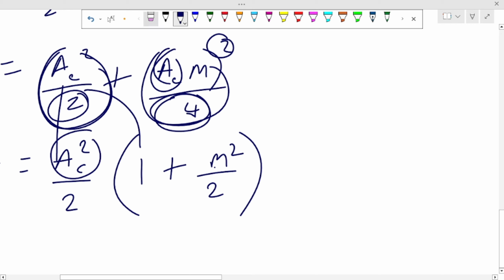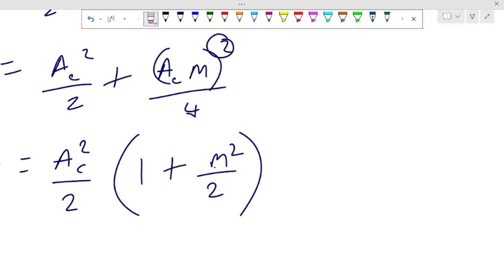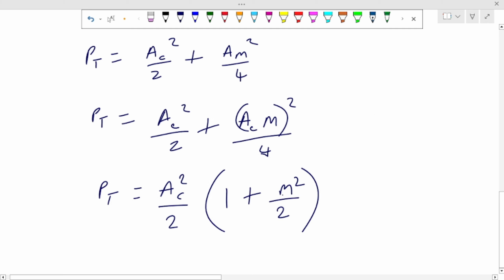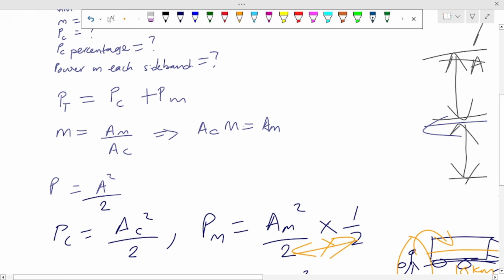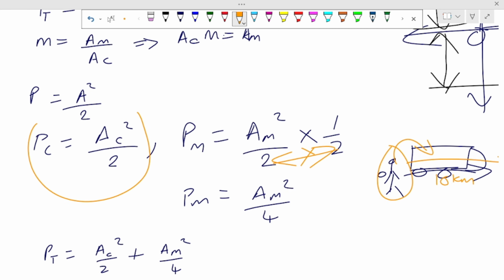Are we seeing it? So that's what we have there. Good. So this will now serve as a formula for total power. Note that this thing here is exactly the same as PC.